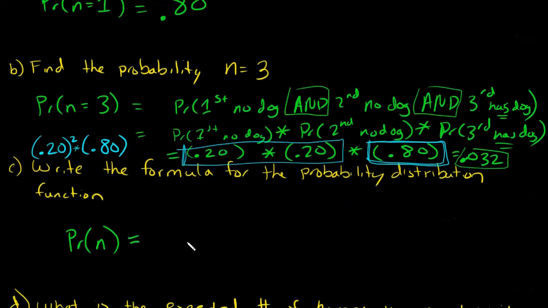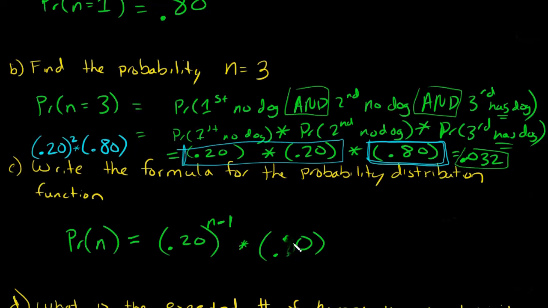In general, I'm going to have failures first. And how many failures do I have? When n was 3, I had 2 failures. In general, I'm going to have n minus 1 failures because I'm going to save that last one for the success.